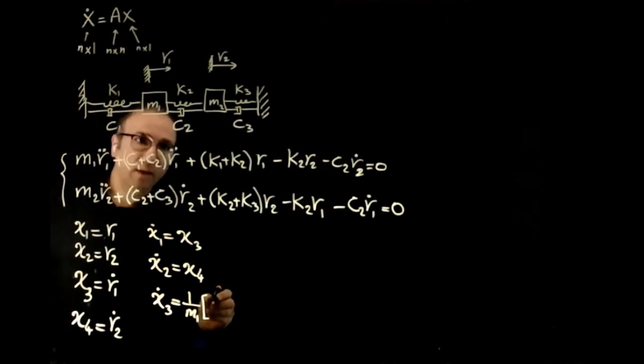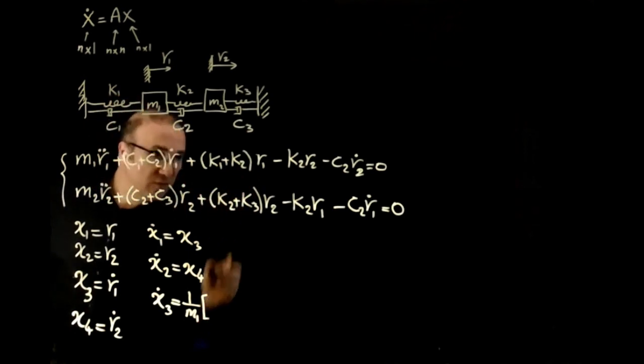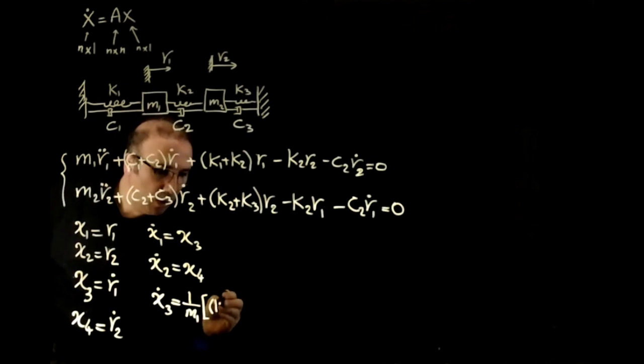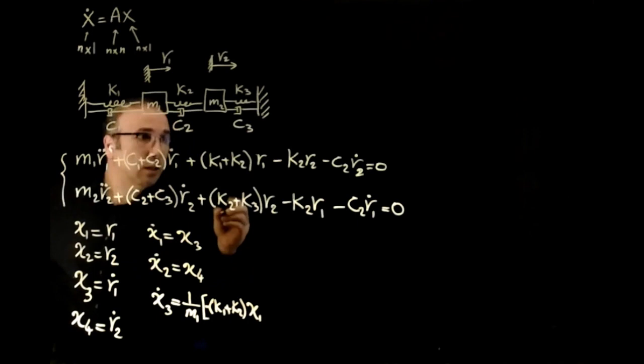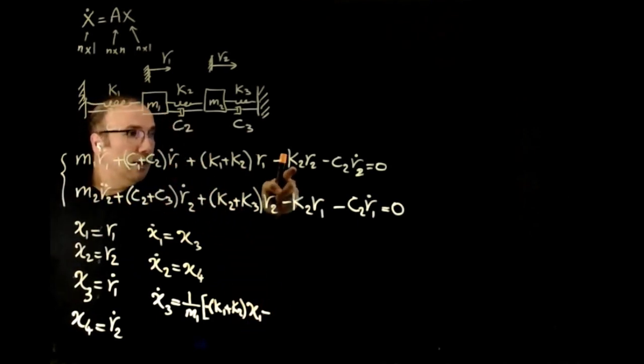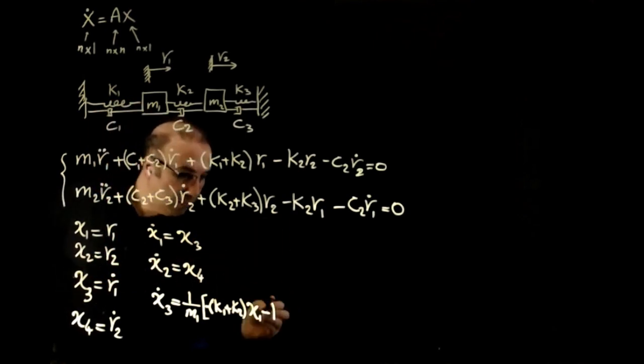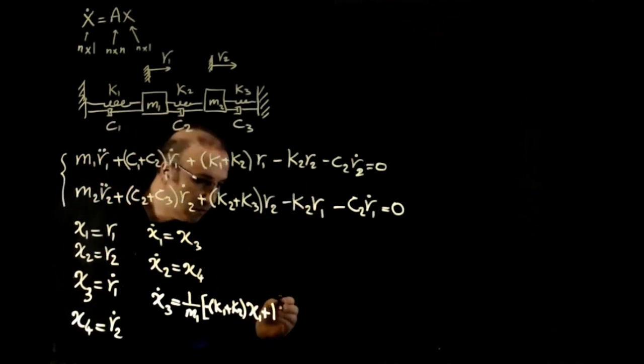I would have minus (K1 plus K2) R1, which is x1, and this is plus K2 R2, which is x2, because it goes to the other side.